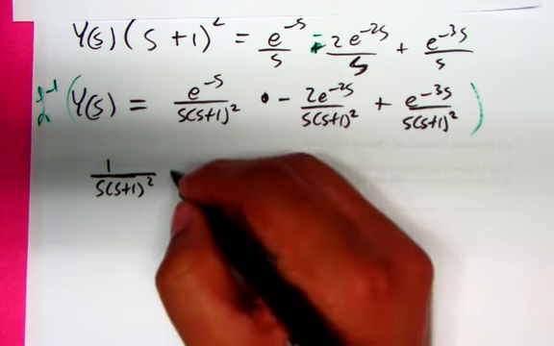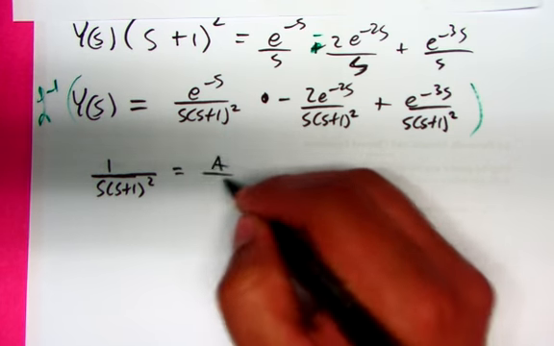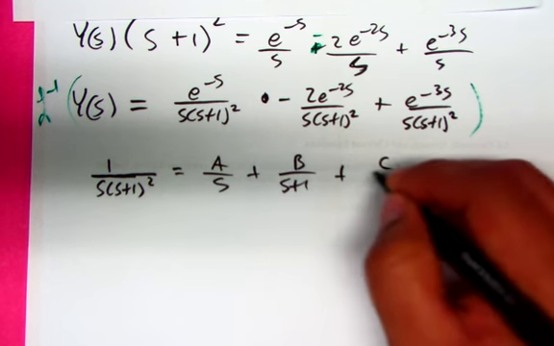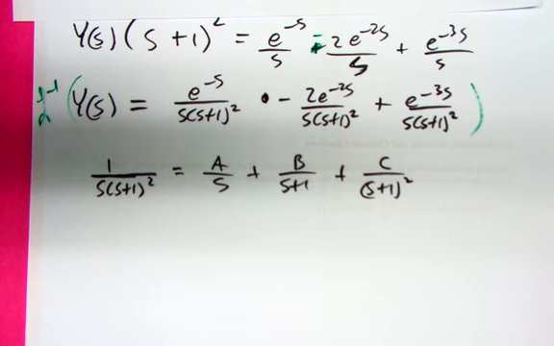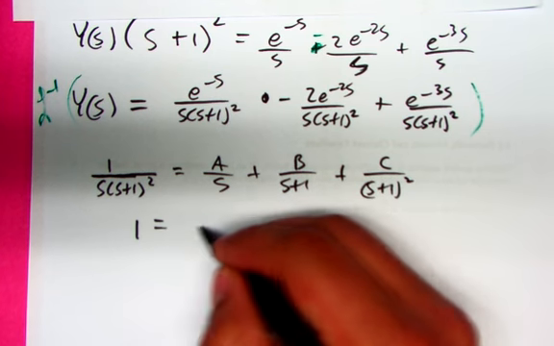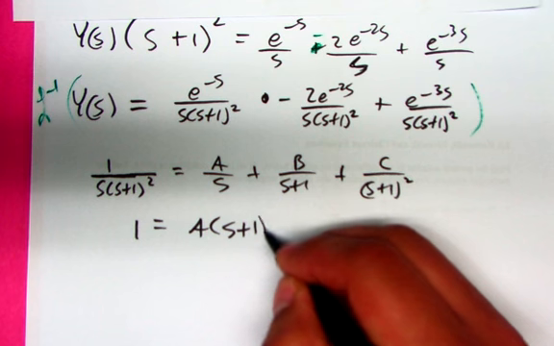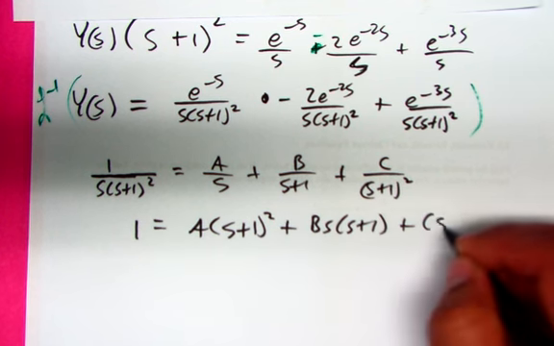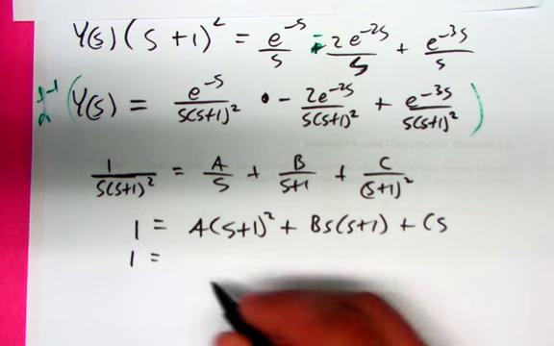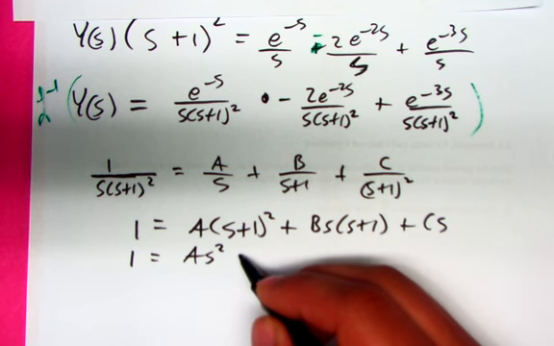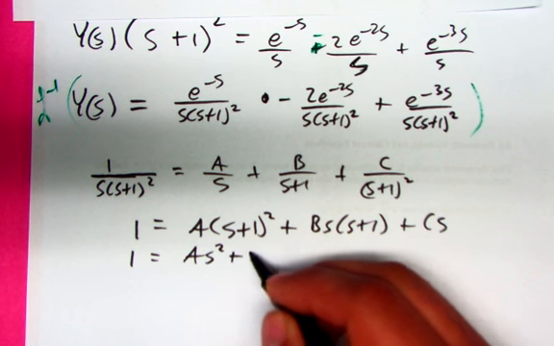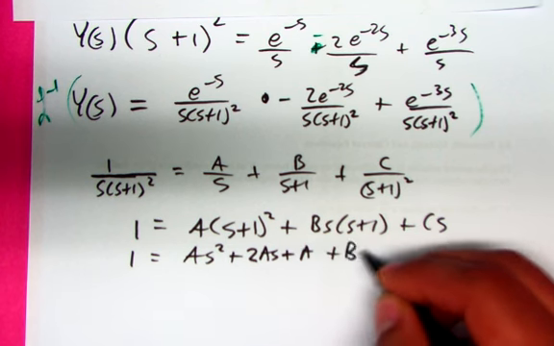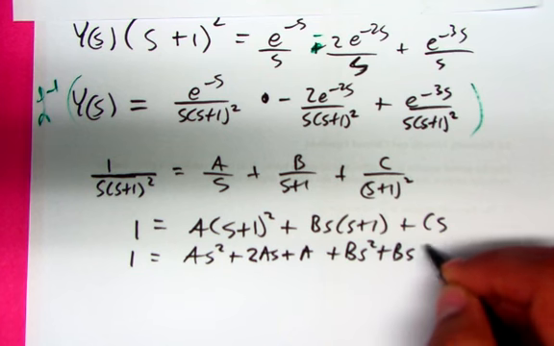So the decomposition would be a over s plus b over s plus 1 plus c over s plus 1 squared. Then we get 1 equals a times s plus 1 squared plus b s times s plus 1 plus c s. So that's a s squared plus 2as plus a plus b s squared plus bs plus cs.